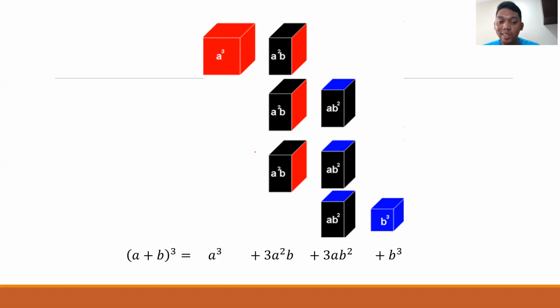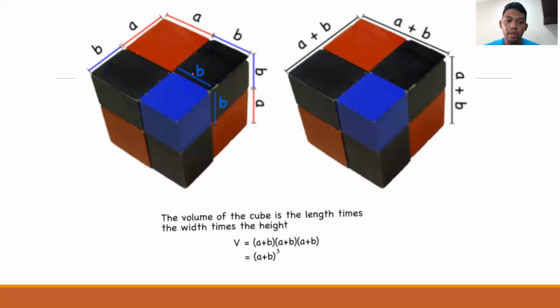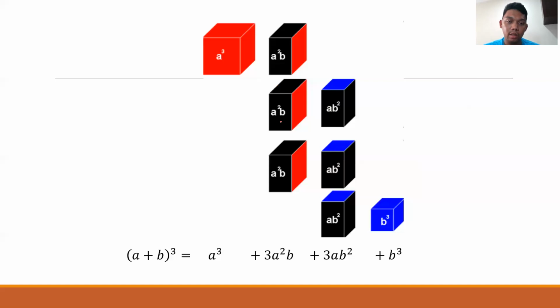The whole cube is made of pieces with different dimensions, so to get the volume of the bigger cube, you need to get the volume of the smaller pieces and then add them together.